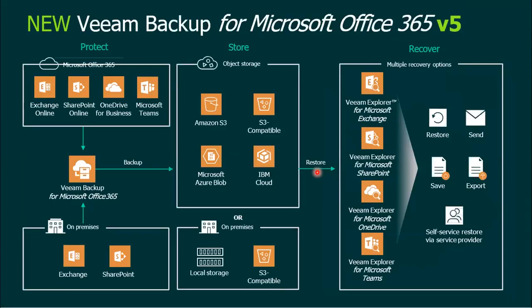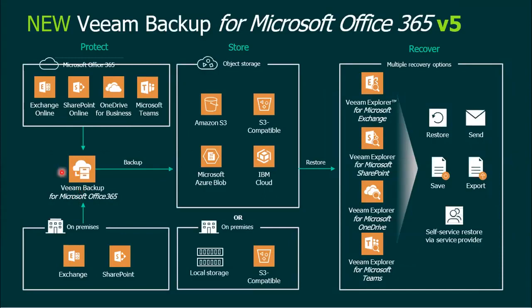This is more or less the entire Veeam Backup for Office 365 scenario. If you see on the left-hand side, for Office 365, what do you have? You have Exchange Online, SharePoint Online, OneDrive for Business, and Microsoft Teams, which are sitting in Office 365 and need to be protected. You have set up one server wherein you have installed Veeam Backup for Office 365.